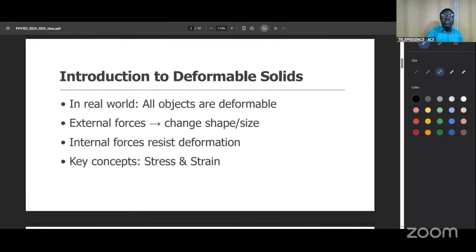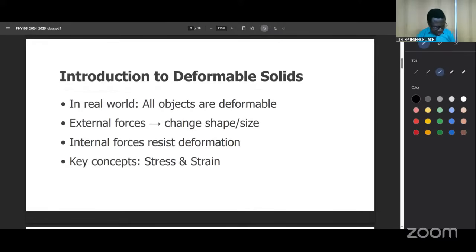So there are two issues that we have mentioned. The issue of the external force that is applied to change the shape and the size, and the issue of the internal force that resists deformation, that restores the material back to its original shape.